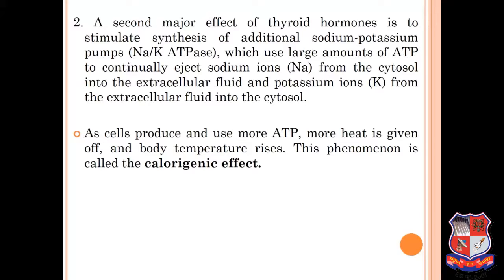As cells produce and use more ATP, they generate more heat and so increase body temperature, and this whole phenomenon is known as the calorigenic effect. So the second function is use of ATP and the calorigenic effect.